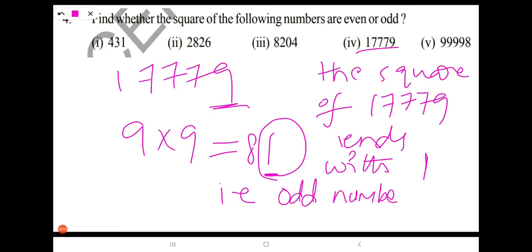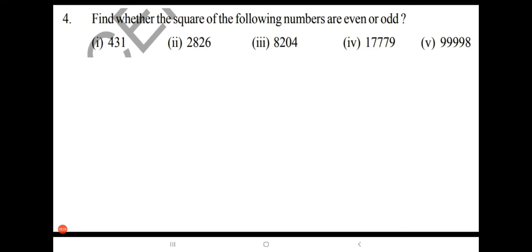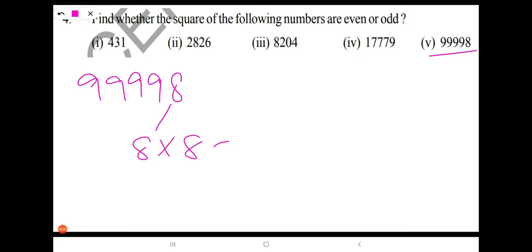Coming to the fifth one, 99998. So 8 into 8 is 64, but you need to take only 4.